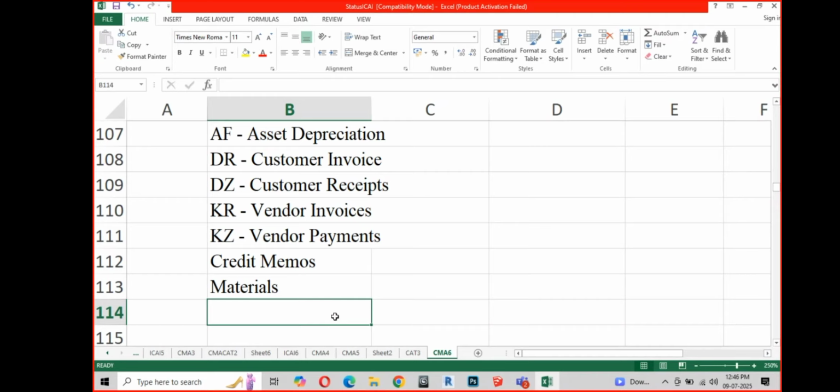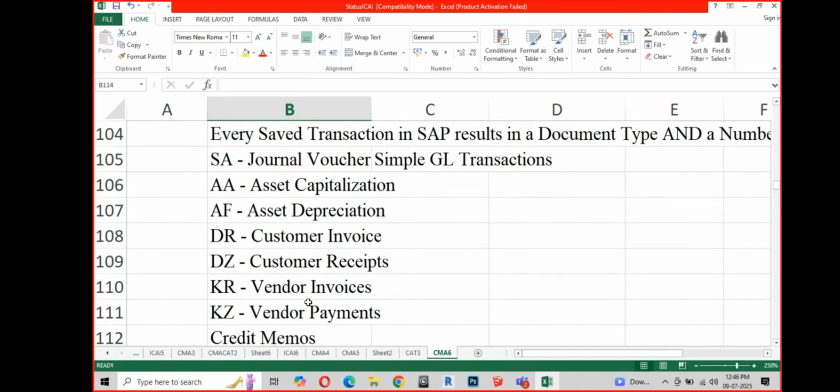You can see all this happening every second. Every moment, some transaction will definitely keep happening. Do you agree with me? So you can see how many SA document types would have got generated, how many AA document types, how many DR document types, right? Did you understand?